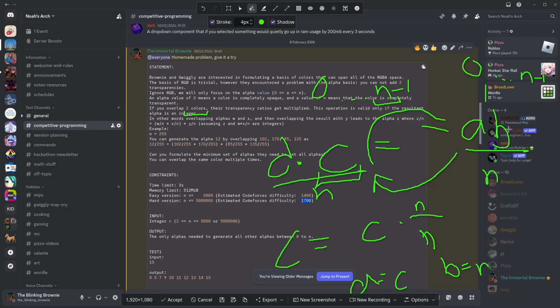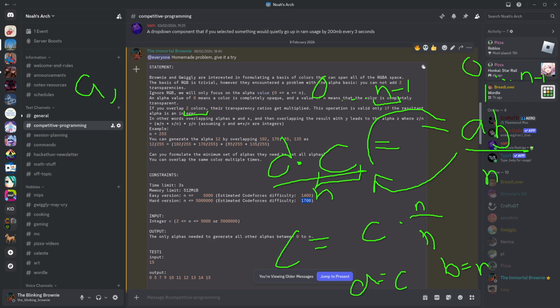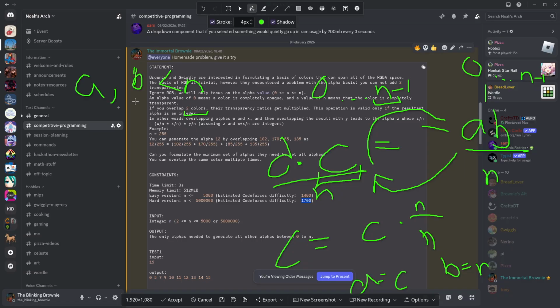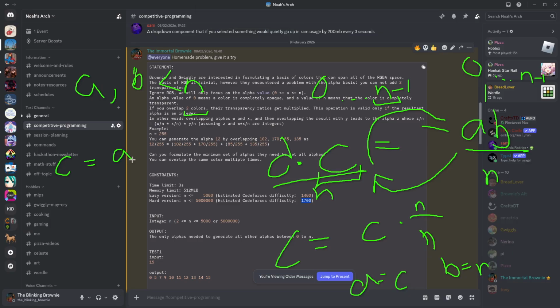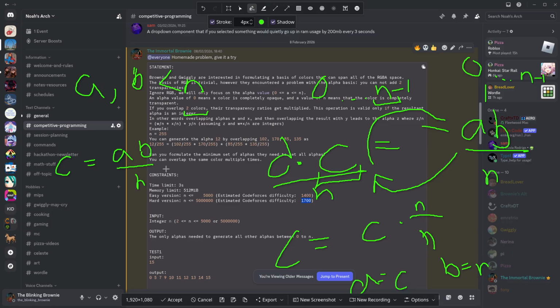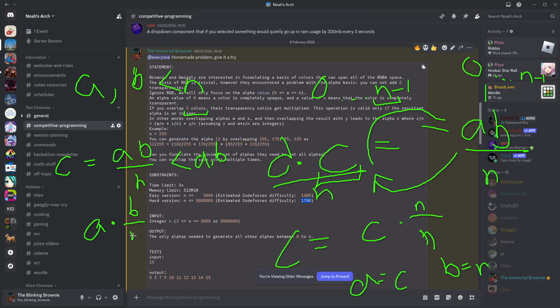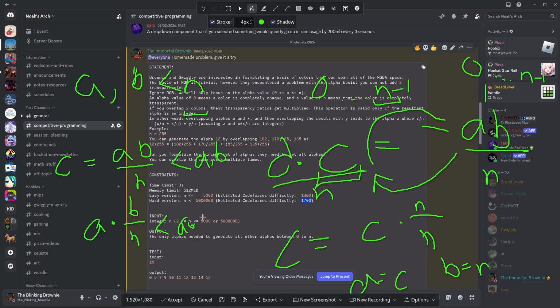Turns out we don't need to worry about that, because A and B are less than N. When we do the operation C equals AB over N, this is less than A or B, because A times B over N is less than A times A over N, because B is less than N. So C is necessarily less than A, and C is necessarily less than B. So if we are saying C is generated by A or B, then C is less than them both.